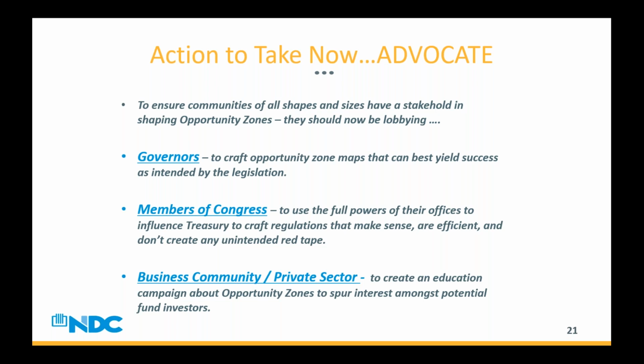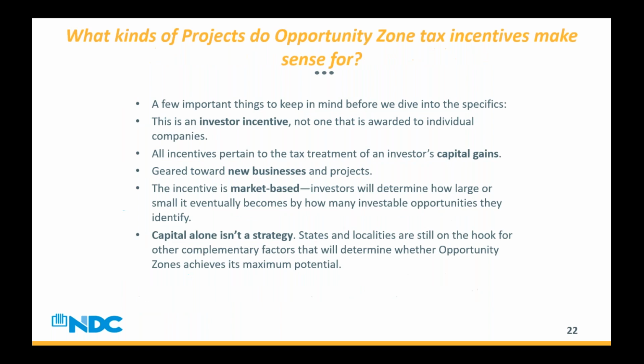So look at the next slide. What kind of projects? This is one of the questions we've had. What kind of projects does this make sense for? Remember that the opportunity zone is a tax incentive for investors. It is not awarded to individual companies. And you may have heard a lot of conversation about what are called unrealized capital gains. The stock market has been particularly strong.